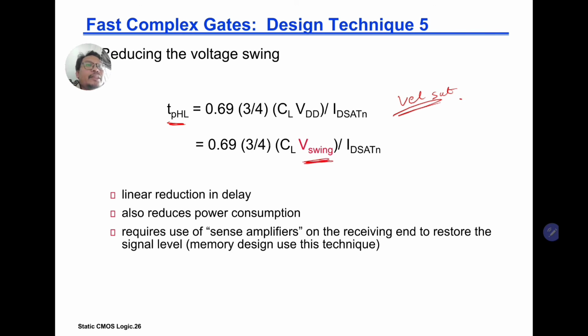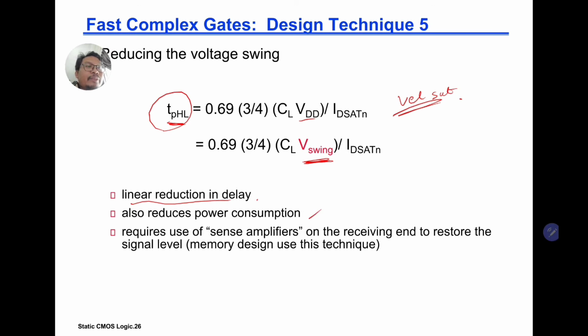If you reduce your VDD, you can have a better tPHL. But remember, if you reduce the VDD, you're going to impact your linear mode and saturation mode, so you have to be careful with this. But you can have a linear reduction in delay, and reducing the VDD also reduces the power consumption.